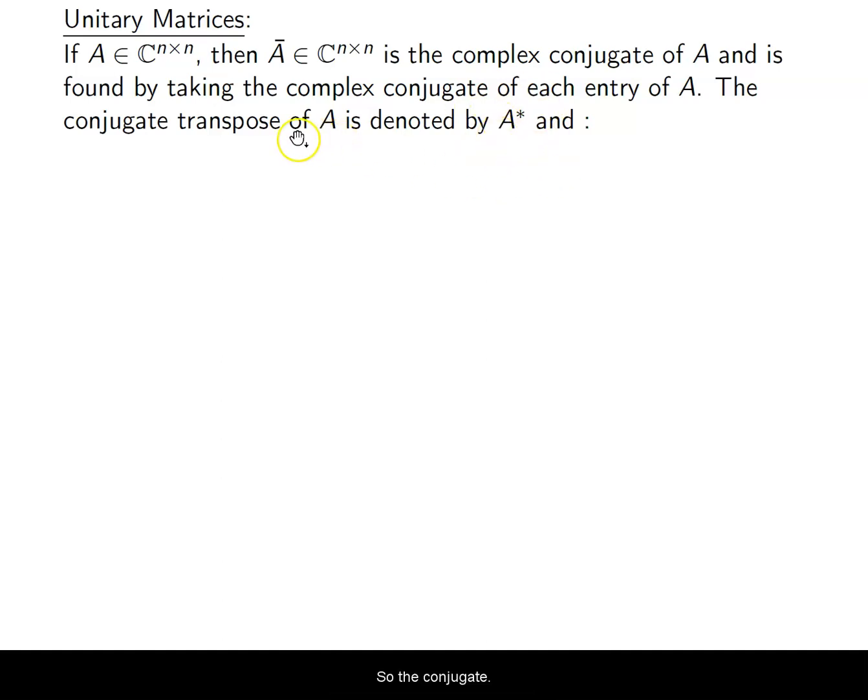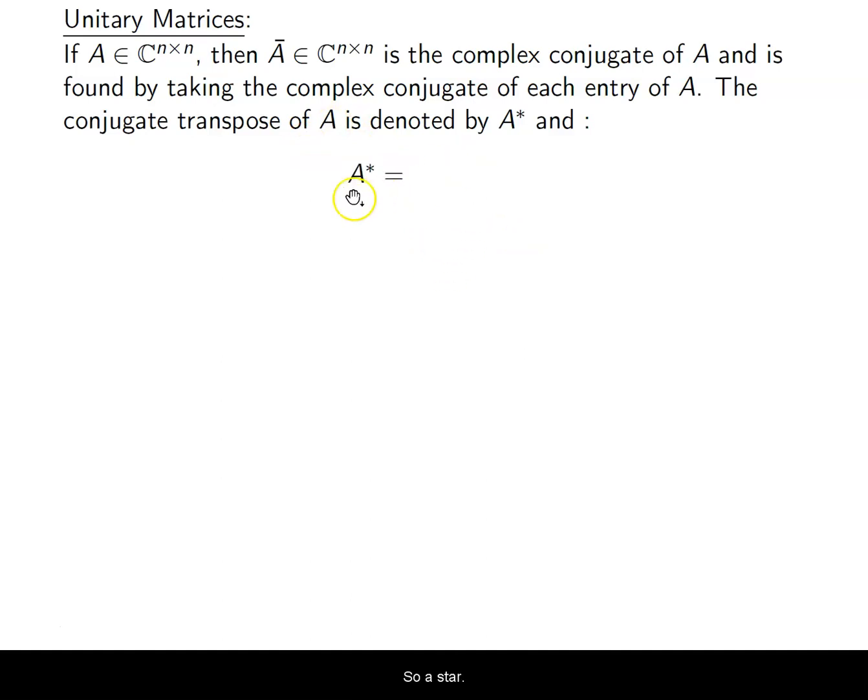I'm jumping ahead a little bit here, but you can find the conjugate transpose two ways. Either you transpose and then you conjugate, or you conjugate and then you transpose. Either way, you get the same thing. The order does not matter. A star is the conjugate transpose of a complex matrix in a complex inner product space.